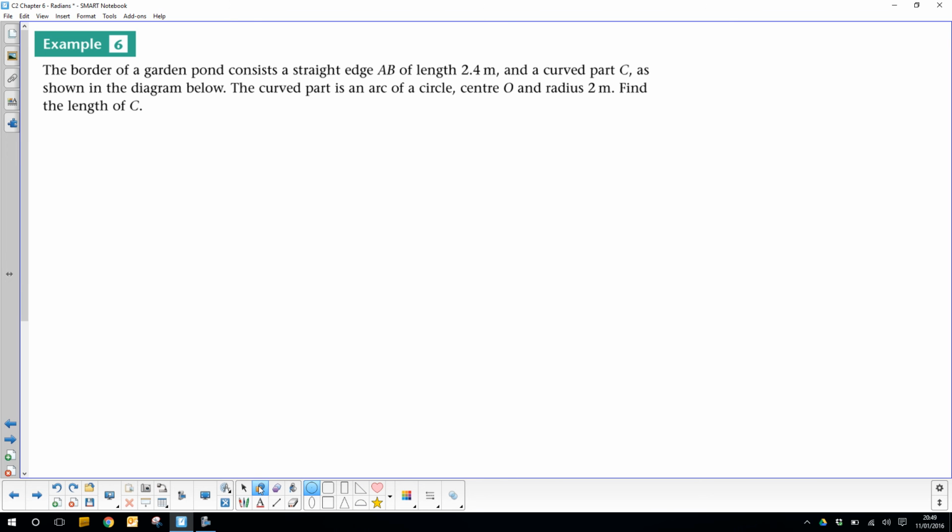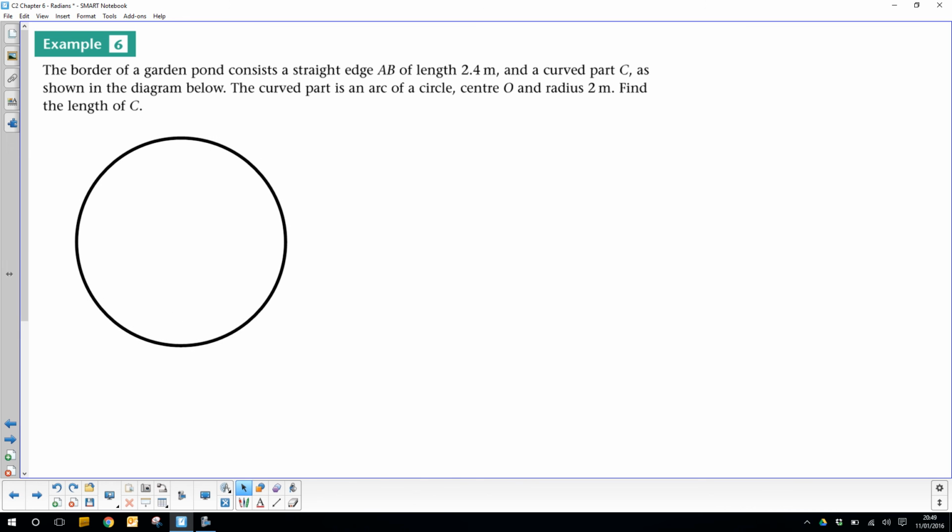Right, well firstly let's just construct a hasty diagram. It's made up of a circle with a flat edge along the bottom, and actually this bottom part of the circle doesn't exist, but what does exist is we've got 2 radii there and there, and let's then go back through the question and make sure we put everything in.